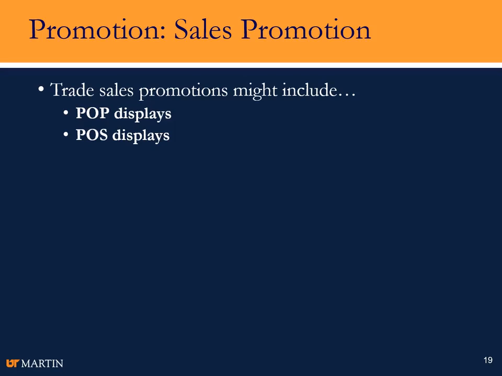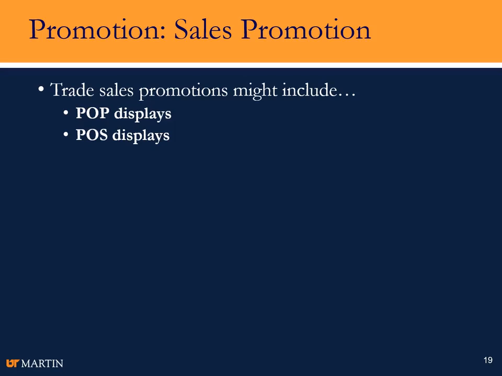So you might see something like a stack of Coca-Cola products, or you might see a large display for nuts. There's a couple of examples in the textbook, but these are displays that are provided by the manufacturer to catch the retail customers' attention in the retailer's shop.